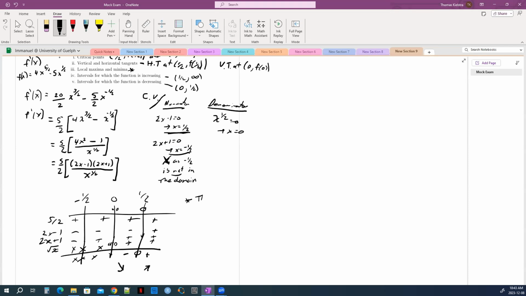So there is a local minimum at x equals 1/2 as f of x is decreasing just before and increasing just after.